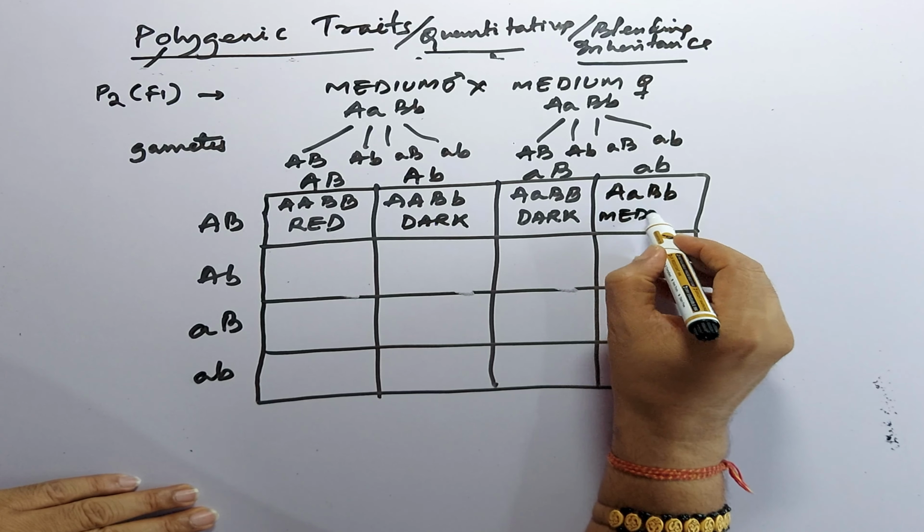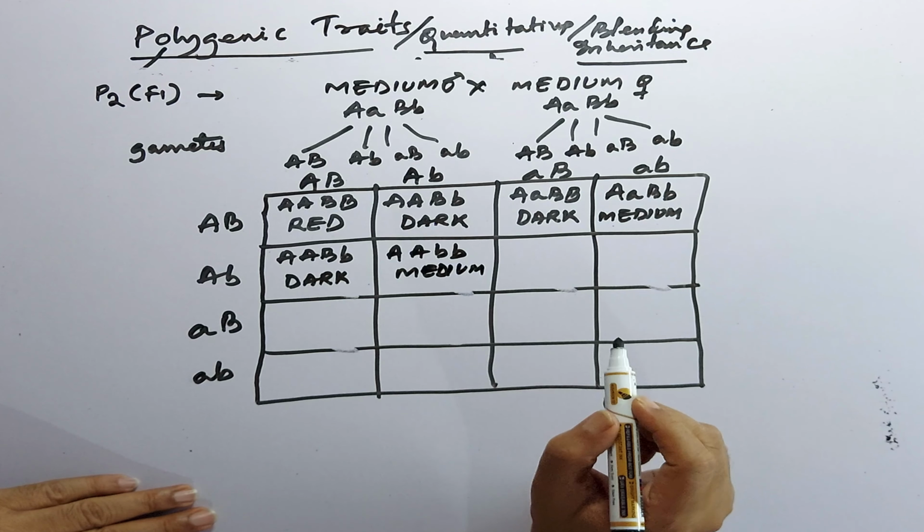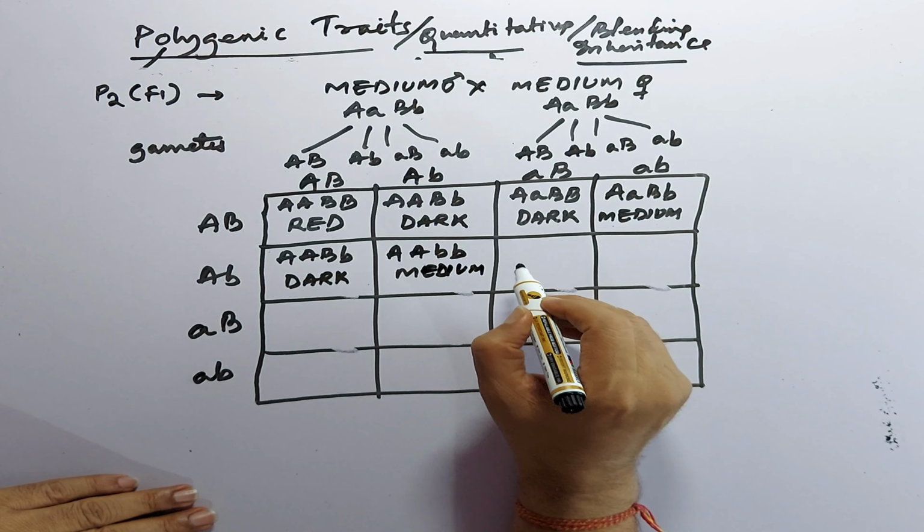And here we will find capital A, capital A, capital B, small b. So this is 75% dark. And this is capital A, small b, small b. This is medium. This is medium. And here we will find capital A, capital B, small b.